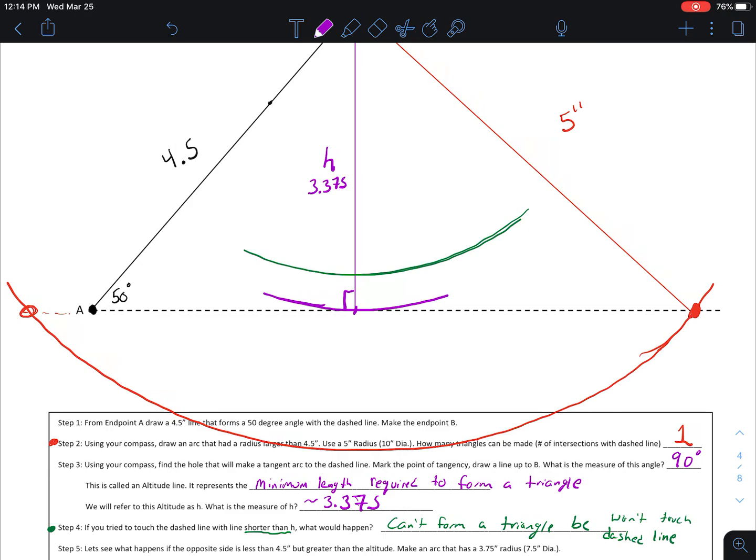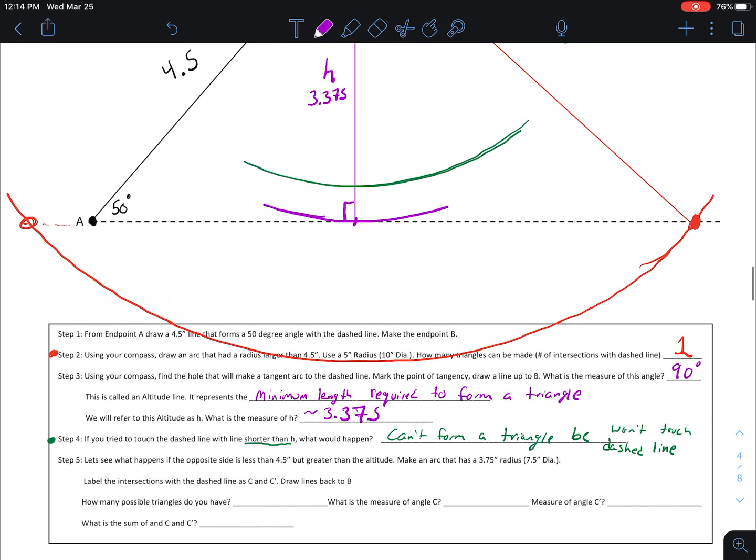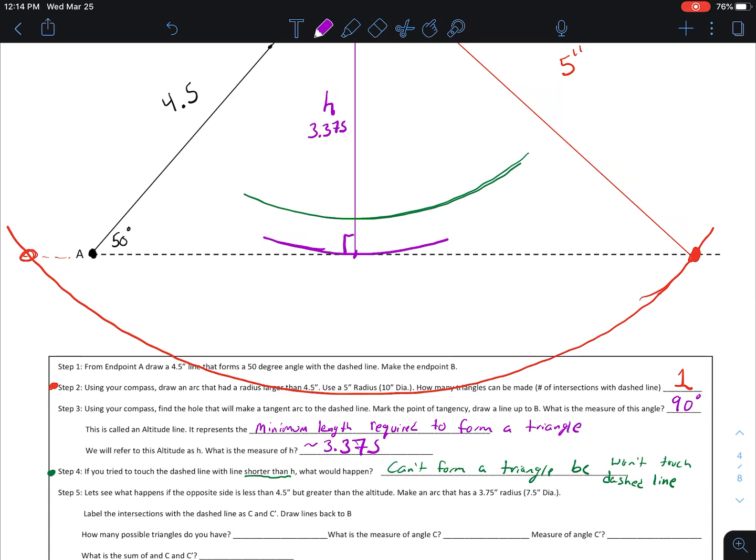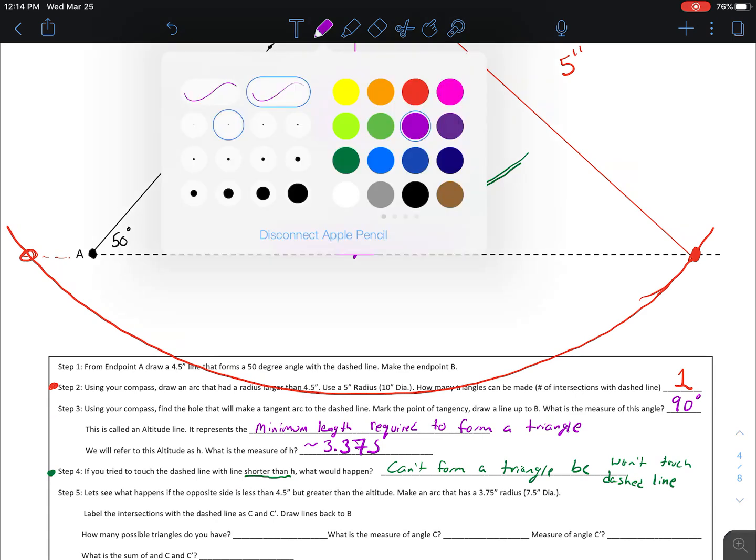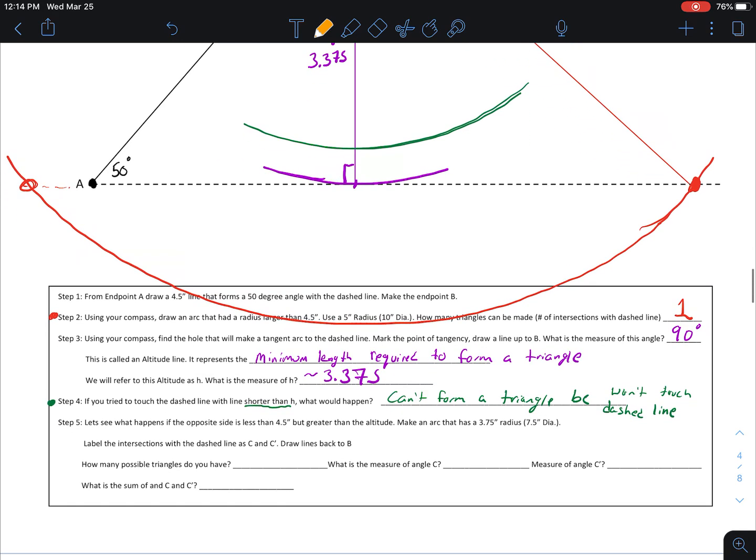And so let's say I picked an arc length to use to see what would happen if I formed a triangle that was bigger than my h, so bigger than 3.375, but smaller than 4.5, because if I was bigger than 4.5, we couldn't form a triangle. So let me pick a different color here. Let's go with orange.